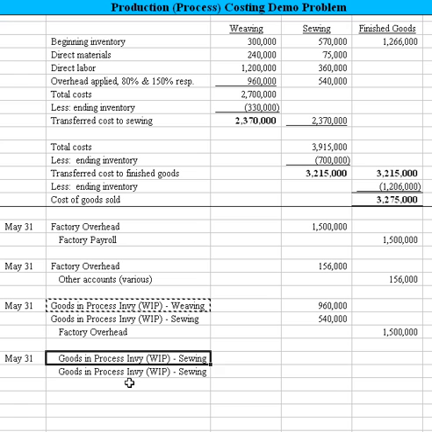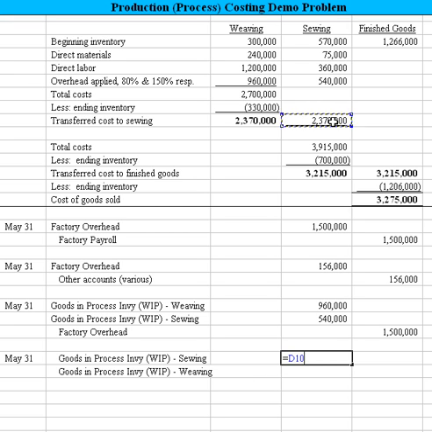We go from weaving to sewing, so the credit will come out of the weaving department. The debit goes to the sewing, and what's the dollar amount? Well, we've already calculated it. It's that total transferred to sewing. So we could take it from here and take that from there. And we've got the debits and credits for that entry.